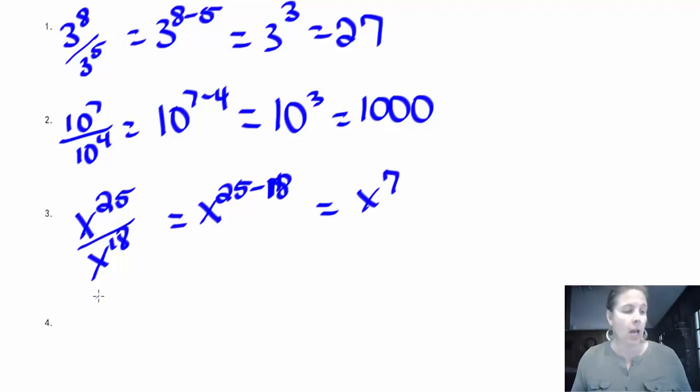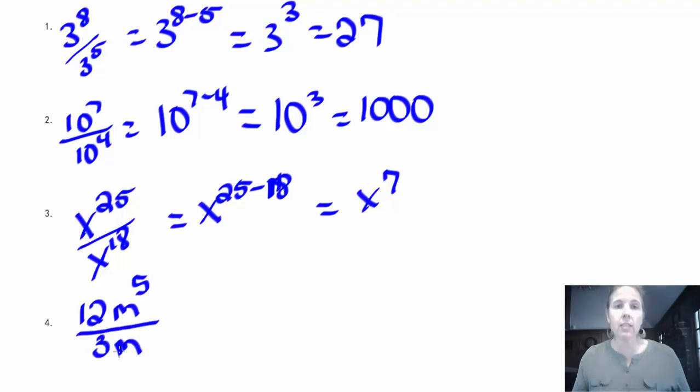The last one for this little section, 12m to the 5th over 3m. So again, this is like before. We reduce, it's just a different way. 3 goes into 3 once, 3 goes into 12 4 times, so you can just have a 4, or you can write 4 over 1 if you want, but then it's m to the 5 minus 1.